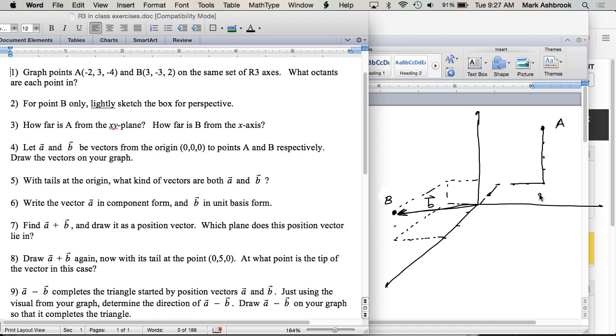Or I would put it down over that way. So it's written out. That's good.